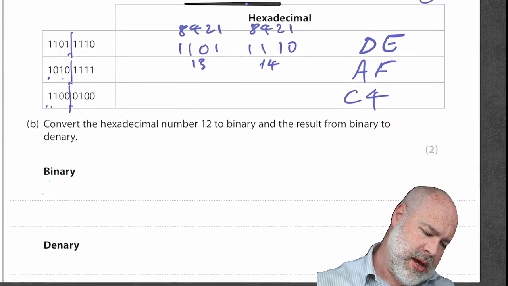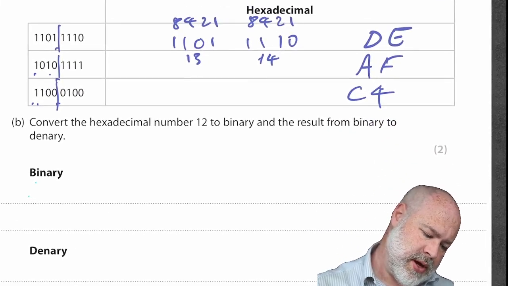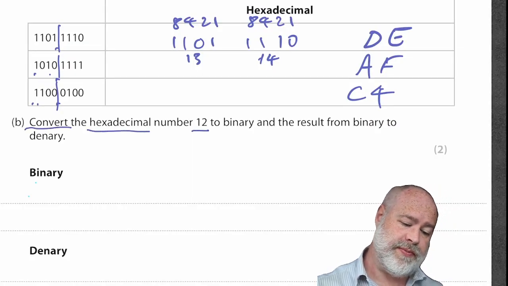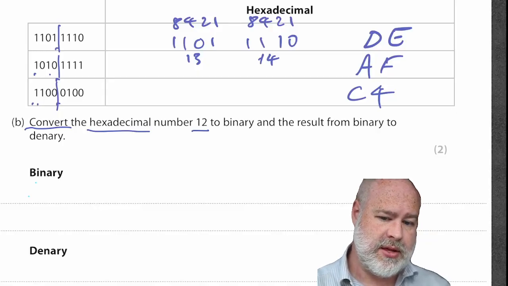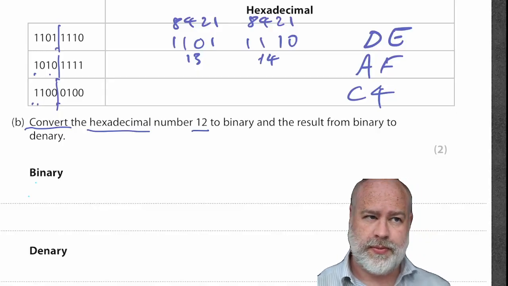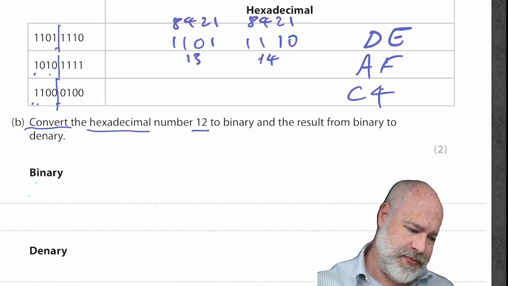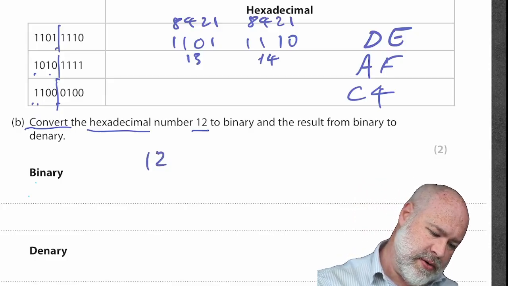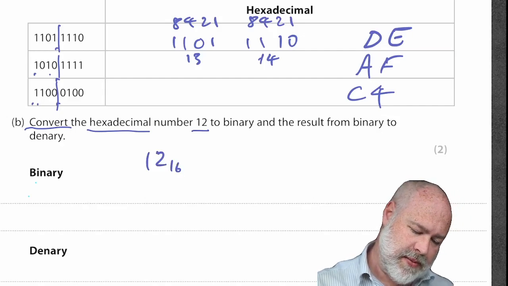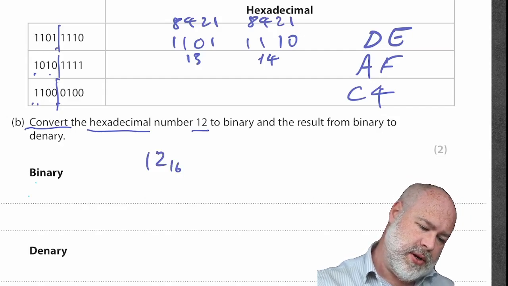That's not too bad. Convert the hexadecimal number. Okay, so we've got to convert a hex number. That's not the number 12. So be careful there. That is not the number 12. What it is is 12 in base 16. So how would we do this?